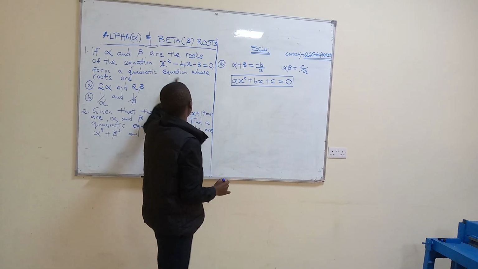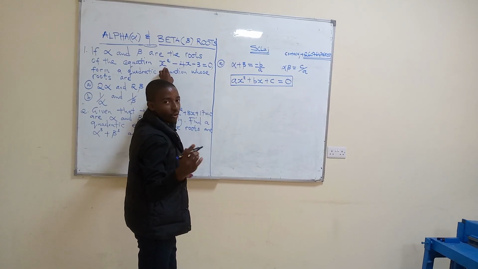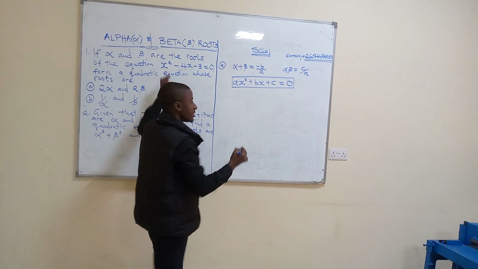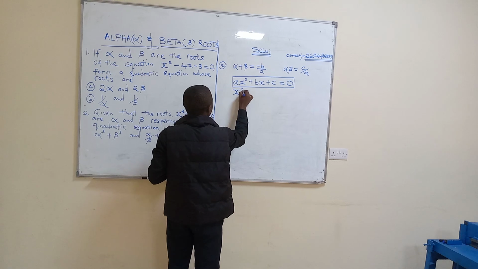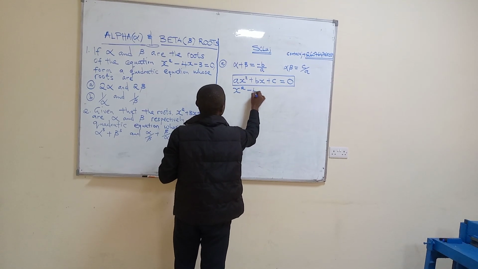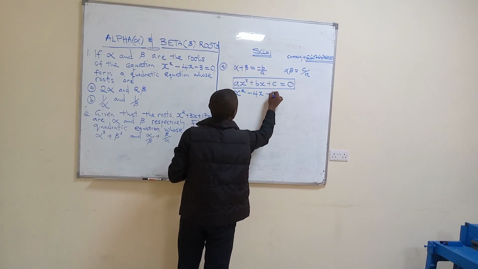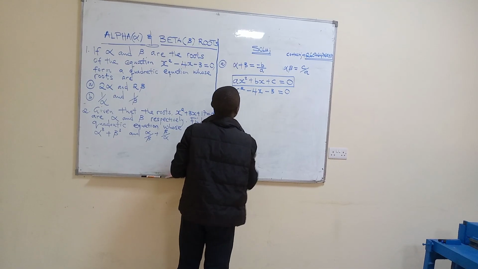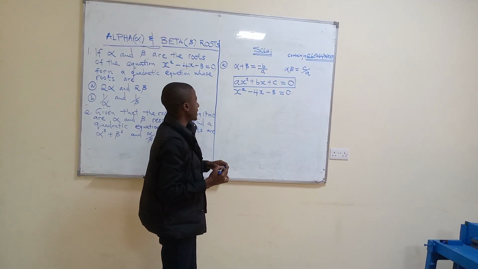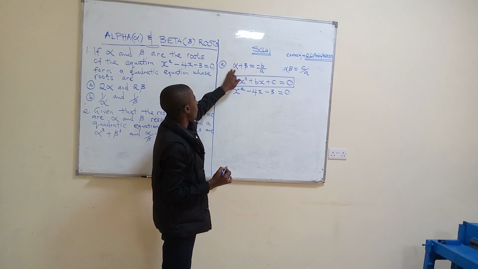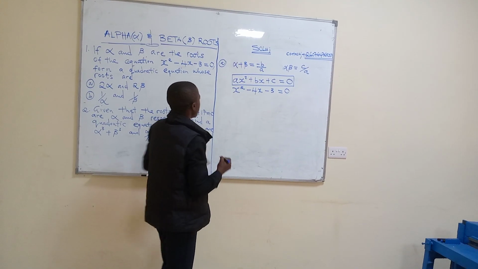So I'm going to write the original equation that I've been given, that is x squared minus 4x minus 3 is equal to 0. Now I have to find the sum, alpha plus beta.